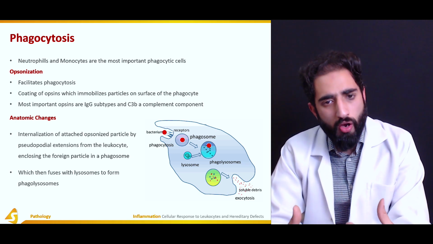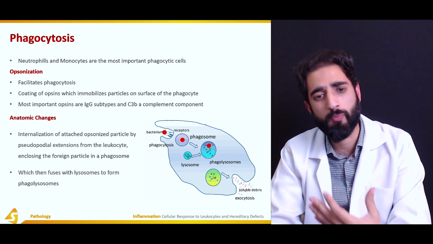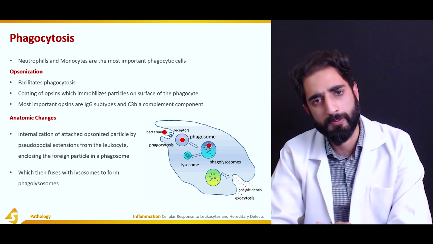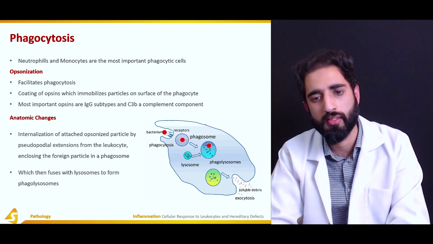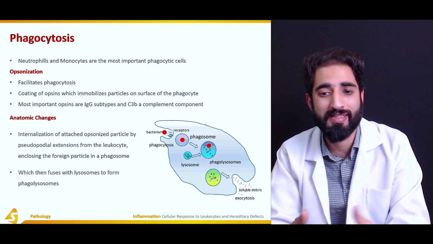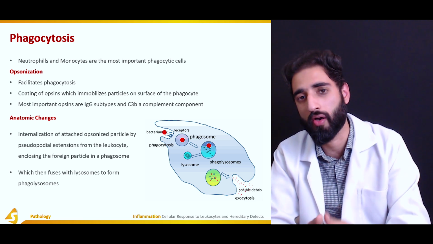Opsonization is a phenomenon which facilitates this process of phagocytosis. There is a coating of opsonins which immobilizes the particles on the surface of the phagocyte.